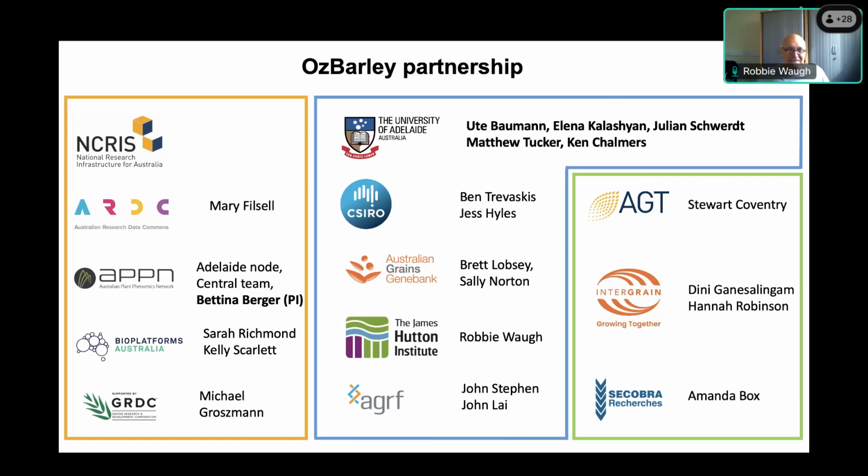So one of the interesting things about this collection is that the majority of the lines that are in there have been part of our winter cereal molecular marker program previously, which was a collaboration with the pathology groups all around Australia.